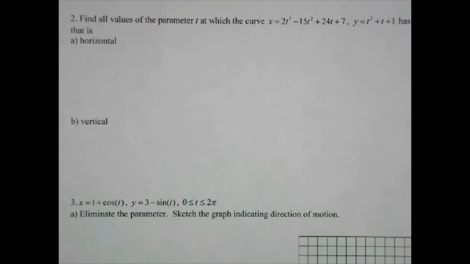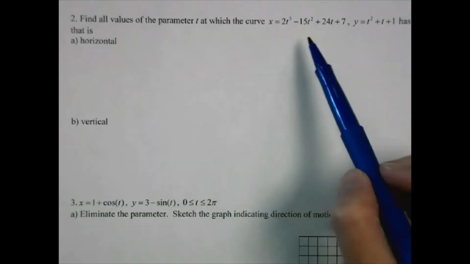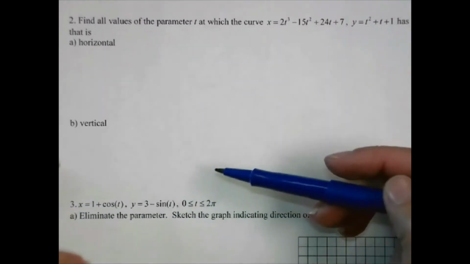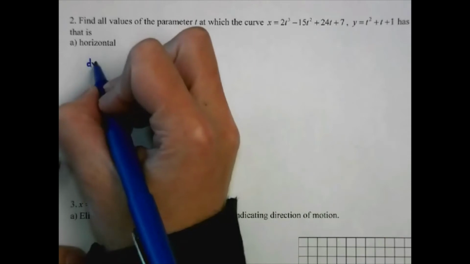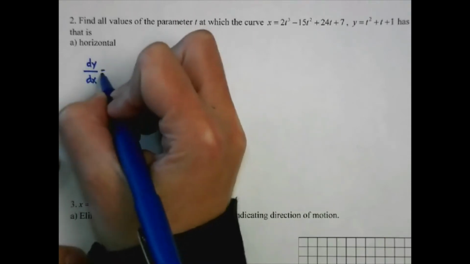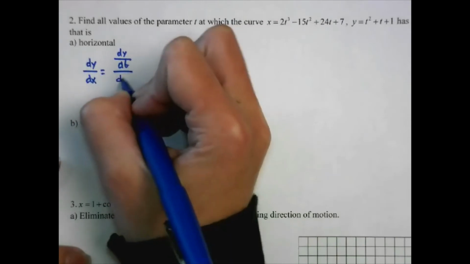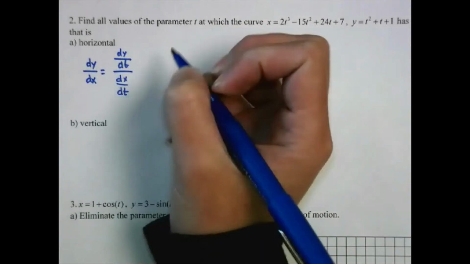For the next example, we want to find all values of the parameter t at which the curve x equals this and y equals this has a tangent line that is horizontal and vertical. So dy/dx is equal to dy/dt over dx/dt.